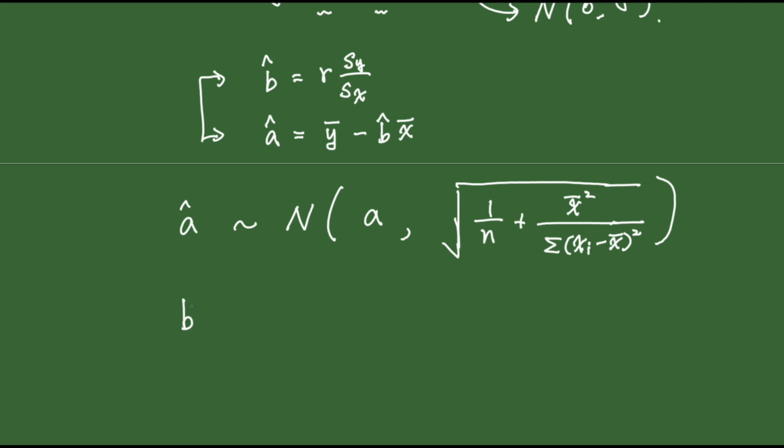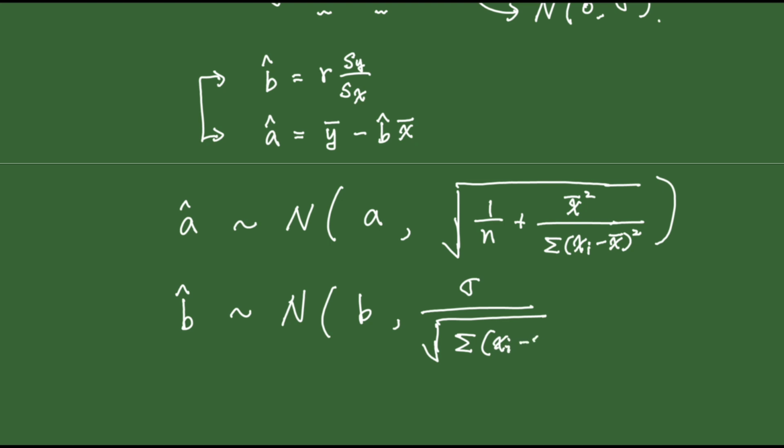And B hat also follows the normal distribution, whose mean is B, which is the true regression line slope, and its standard deviation is sigma over the square root of the summation of xi minus x bar squared.